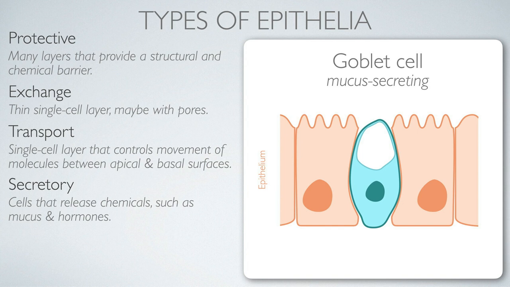For example, when you eat a cracker, you have glands that secrete amylase that start to digest large carbohydrates, breaking them down into simple sugars. Even before you swallow the cracker, you have those enzymes at work. So secretory epithelial cells are important as well.